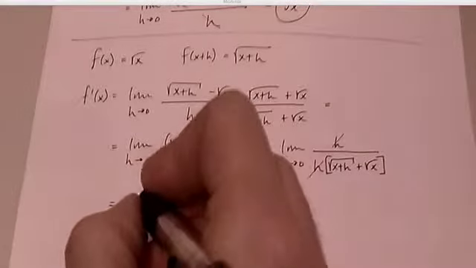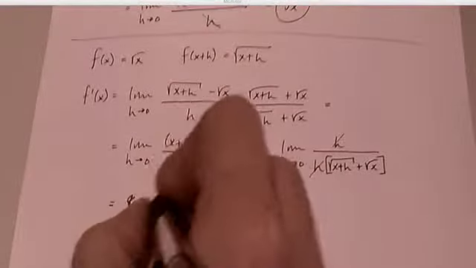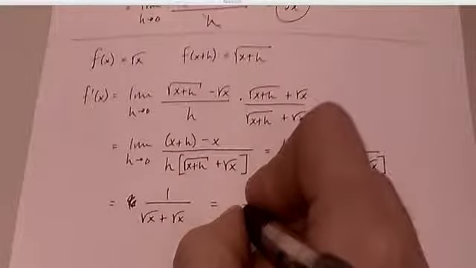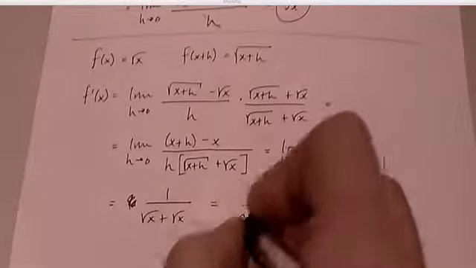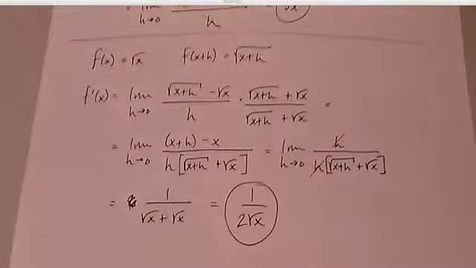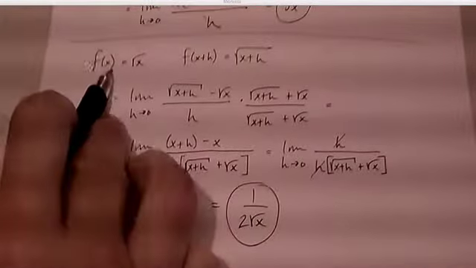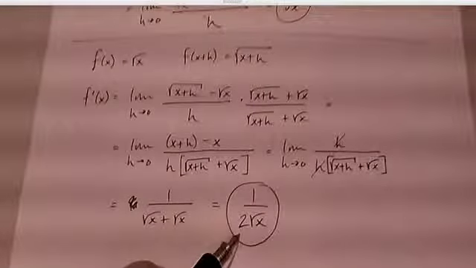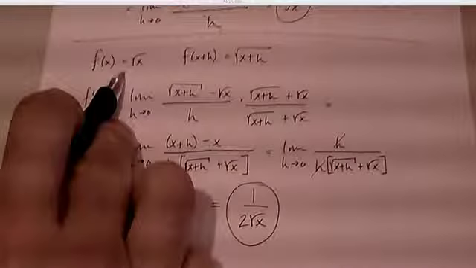And so when I get two of the same thing, I'm going to get 1 over root x plus root x, or 1 over 2 root x. That is the derivative of that function. This function will describe the slope of that function.